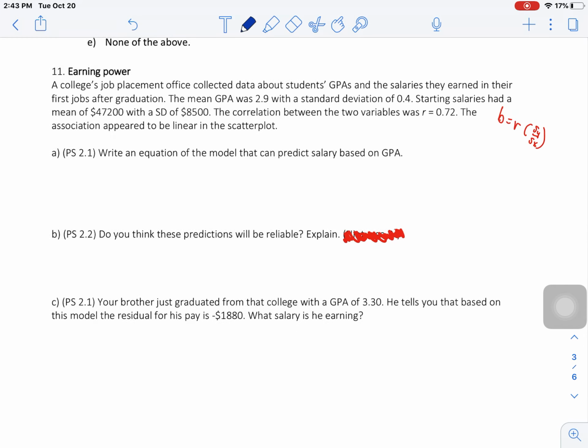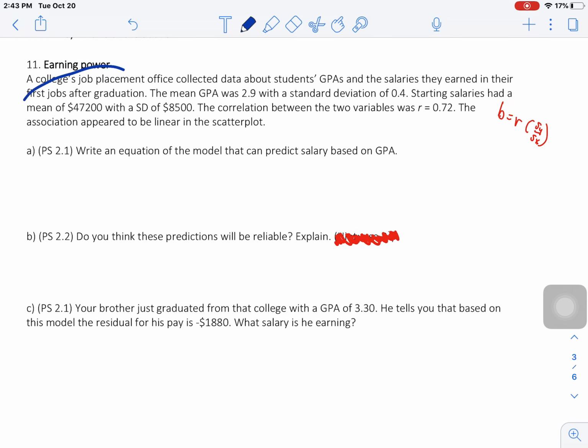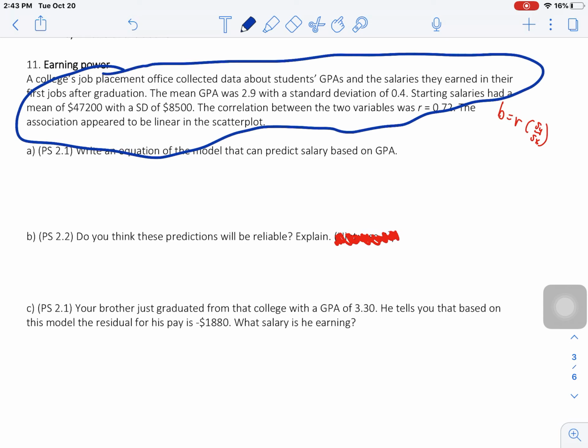All right, number 11 is a situation where they give you a bunch of different data. We're talking about GPAs in college and how much money they earn after college. And we're trying to see, is there a correlation between student GPAs and how much they earn after graduation. The first question says to write an equation of the model.